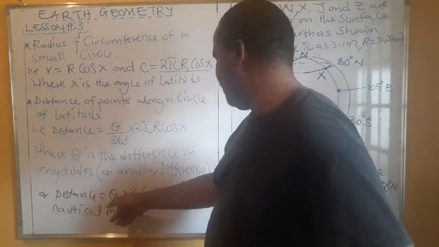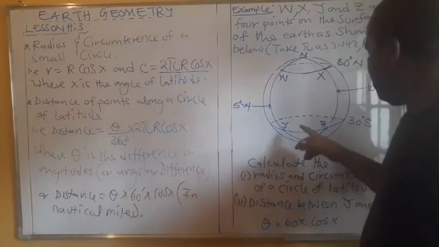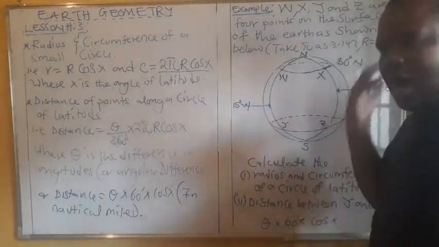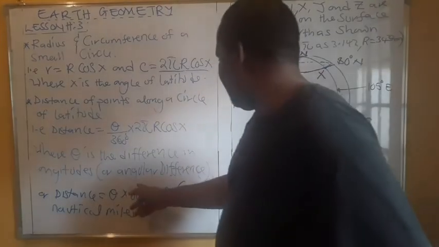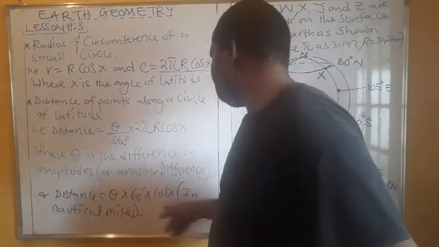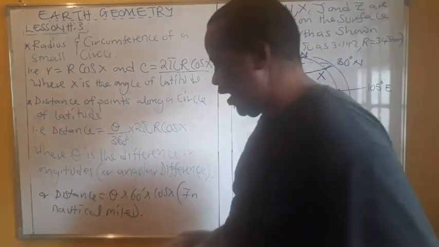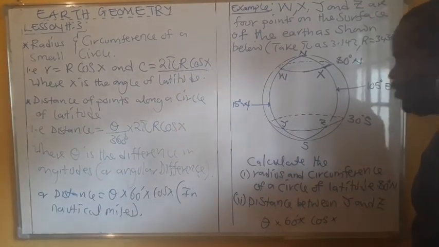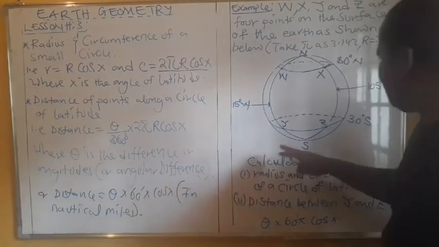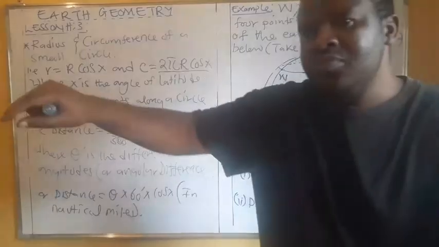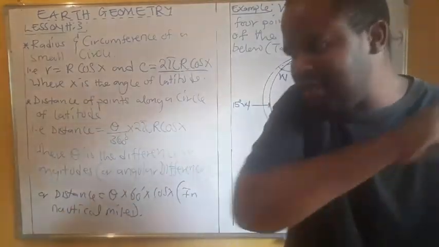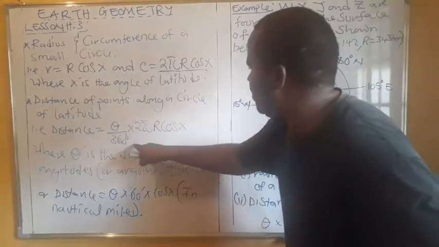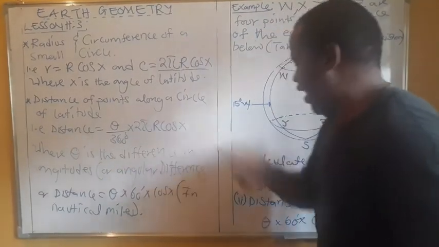You can say theta, which still remains as your difference in longitudes or angular difference, times 60 minutes times cos x. Again, there is a way of deriving this which is not our interest. I hope I'm trying to make myself clear. So take note, if you want to find the distance between 2 points that lie on the same circle of latitude, you're going to say theta over 360 times 2 pi r cos x.